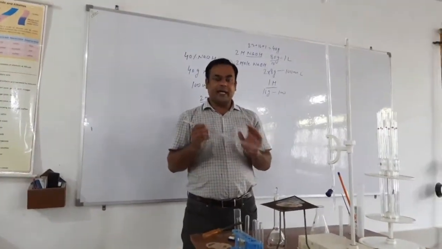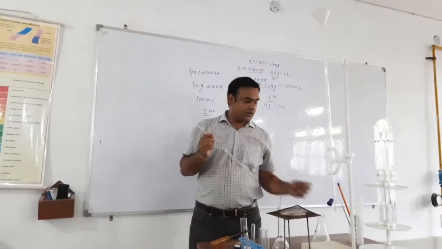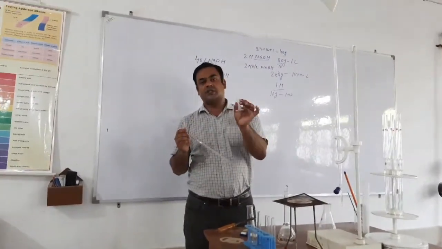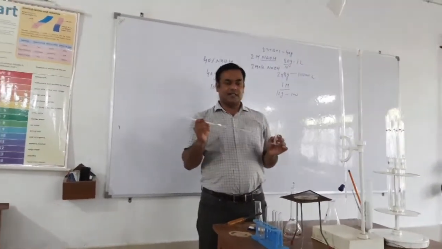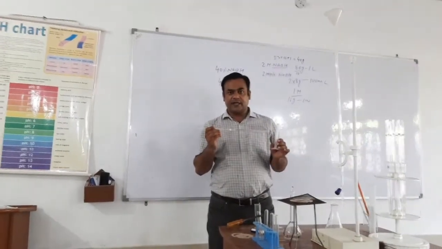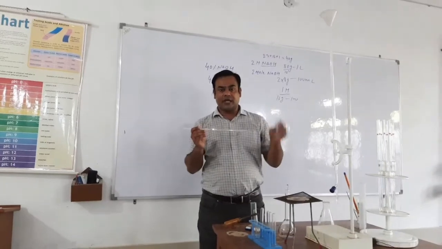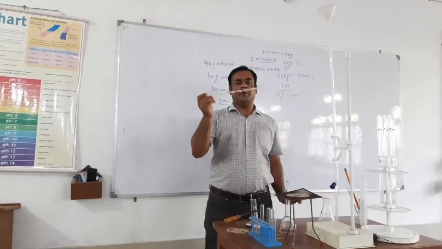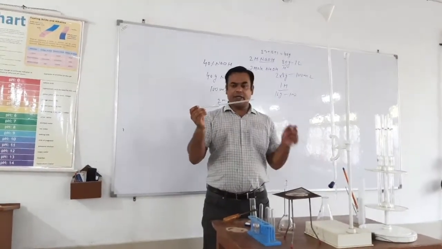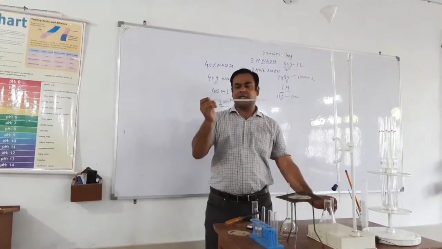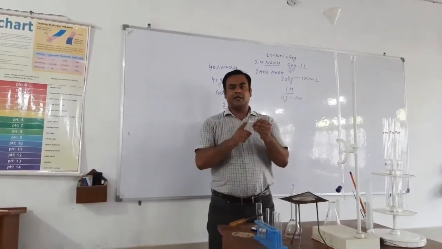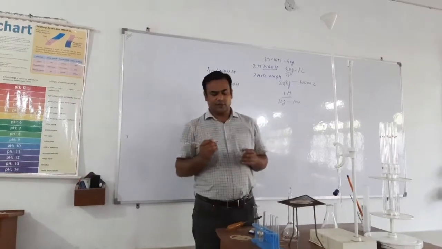Whenever we have to take 10 ml, you may ask, why can't we use the standard measuring flask? The answer is, this measuring flask is not as accurate as the pipette. If you take 10 ml, it will have fluctuation, but if you measure 10 ml with the help of a pipette, you will have an accurate 10 ml solution.